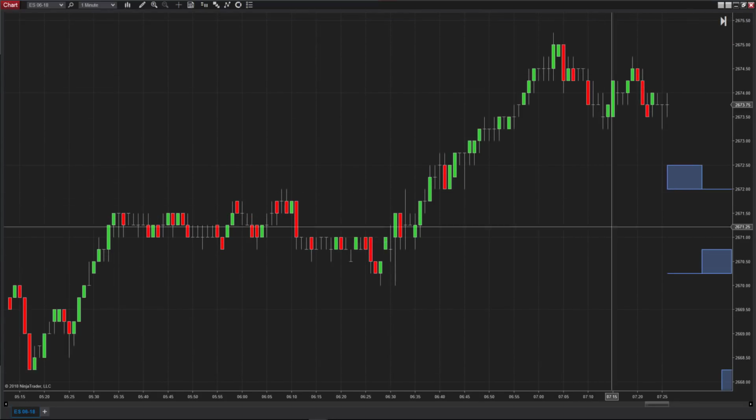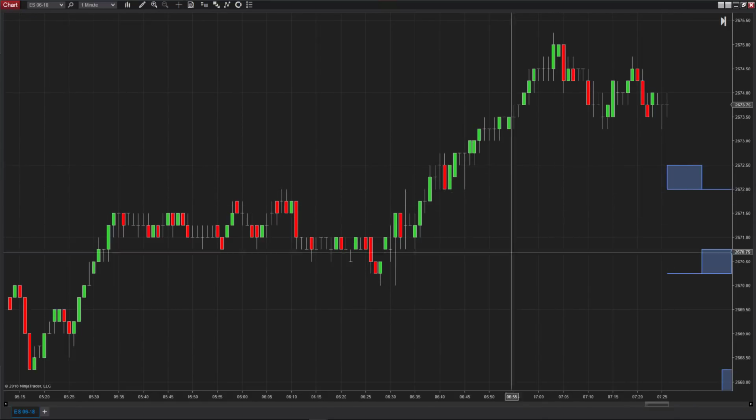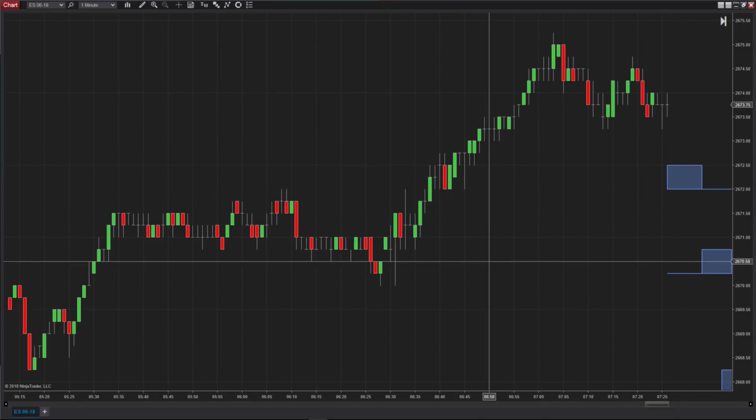Okay, now you'll notice that I have these boxes. What you're going to find out really quickly is that these price levels that we give out are insanely reactive to the market. Meaning that oftentimes you will see price go to the tick or even within a tick. So what we like to do is be within a couple ticks of that price.